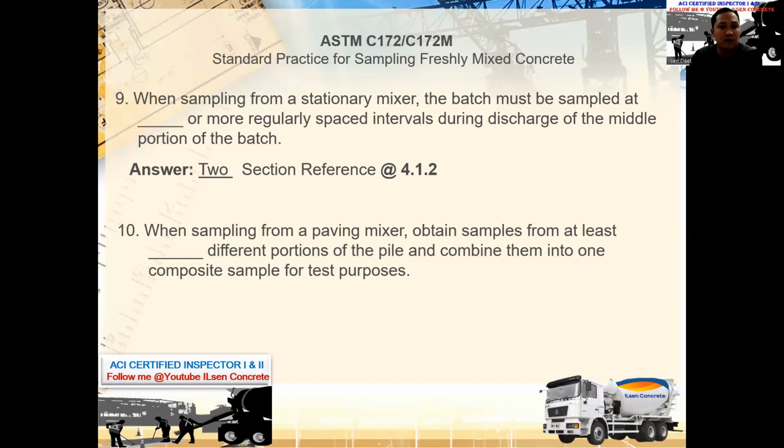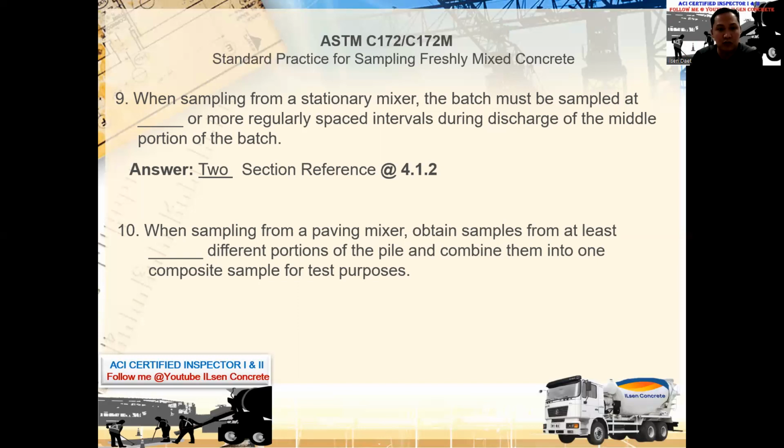Number 10: when sampling from a paving mixer, obtaining samples from at least how many portions? It is asking for how many different portions of the pile to combine into one composite sample for test purposes.